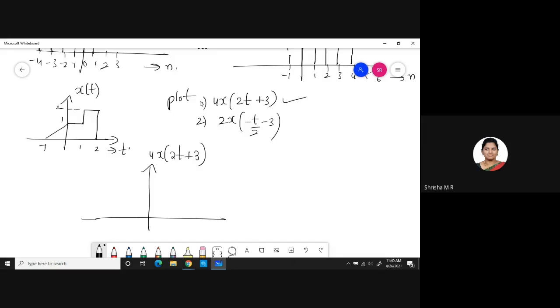You have done it, right? Tell me from where to where will it exist? Time axis I'm asking you. Ma'am, -2 to -0.5. Correct. So minus 2, minus 1.5, minus 1 and minus 0.5.